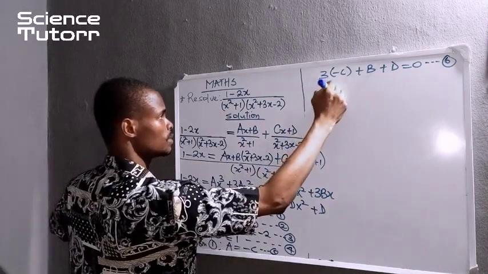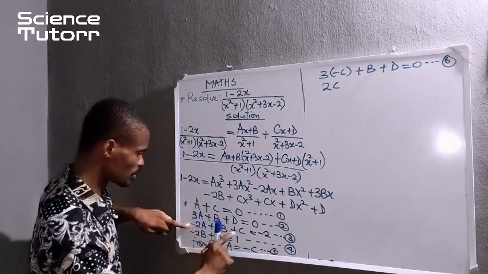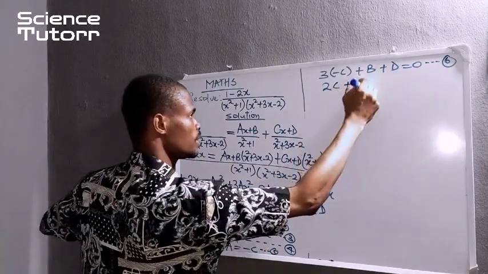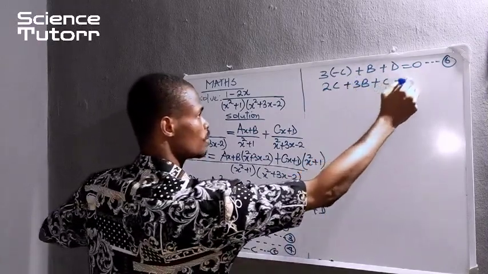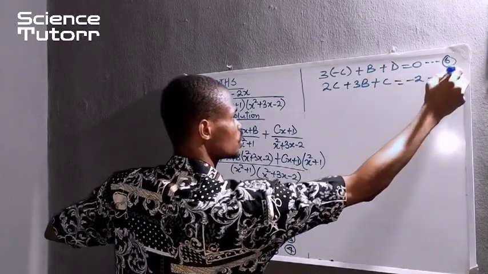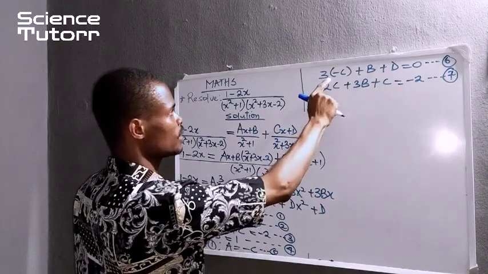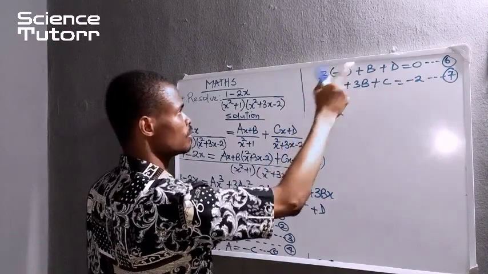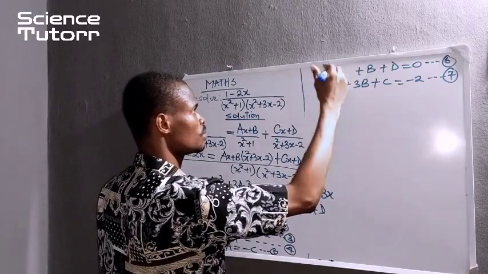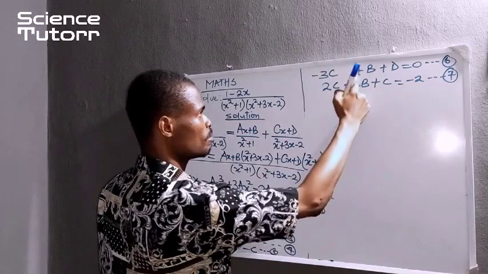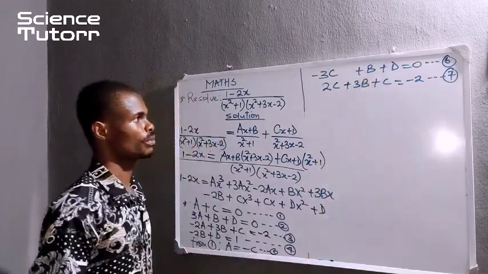So I'm going to be getting 2c plus 3b plus c, that is equal to minus 2. This makes equation 7. At this point, I can simplify straight from here. 3 times minus c will simply give us minus 3c. So I'm going to be having minus 3c plus b plus d equals 0.